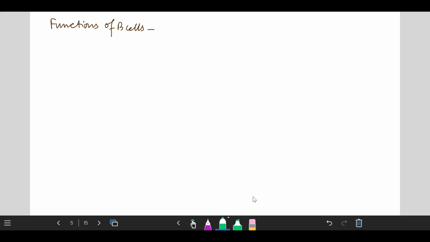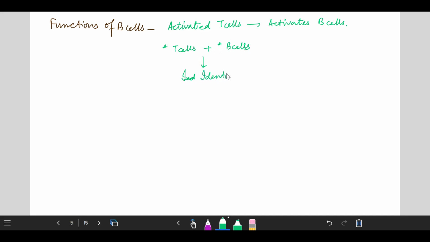Now we will understand it step by step. So, after activation, activated T cells activate the B cells. Now these activated T cells, I am using asterisks for this purpose, denoting activation, and activated B cells go to identify the germ, or for the identification of the germ.